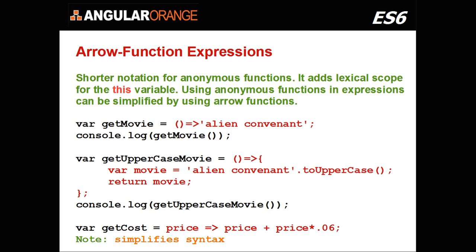So notice, first of all, we don't have a function keyword or a name. We don't have a left curly bracket and a right curly bracket. If it's a one-line function, the notation is very simplified. So if you log that getMovie, you will basically see Alien Covenant logged.